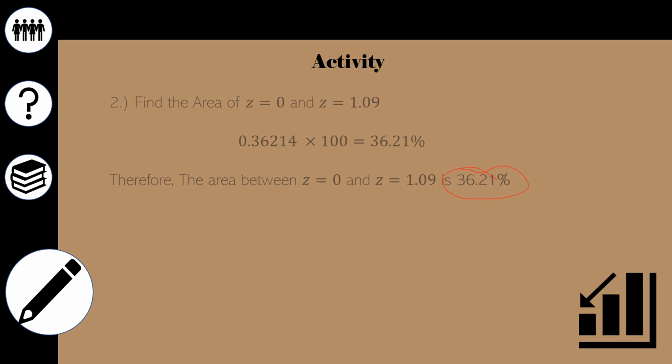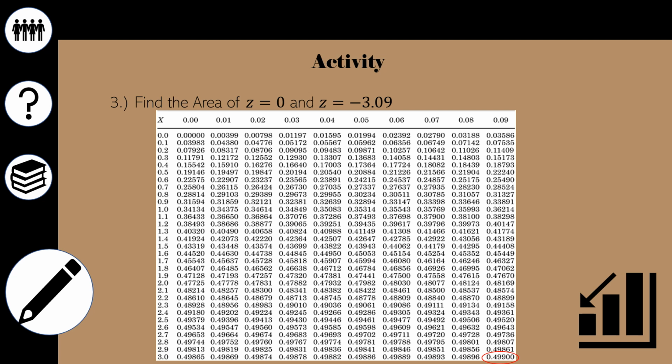Now, for number 3, we try to get negative 3.09, which is negative 3.0 only here, and 0.09, which is here. Find the overlap, which is here. 0.499.